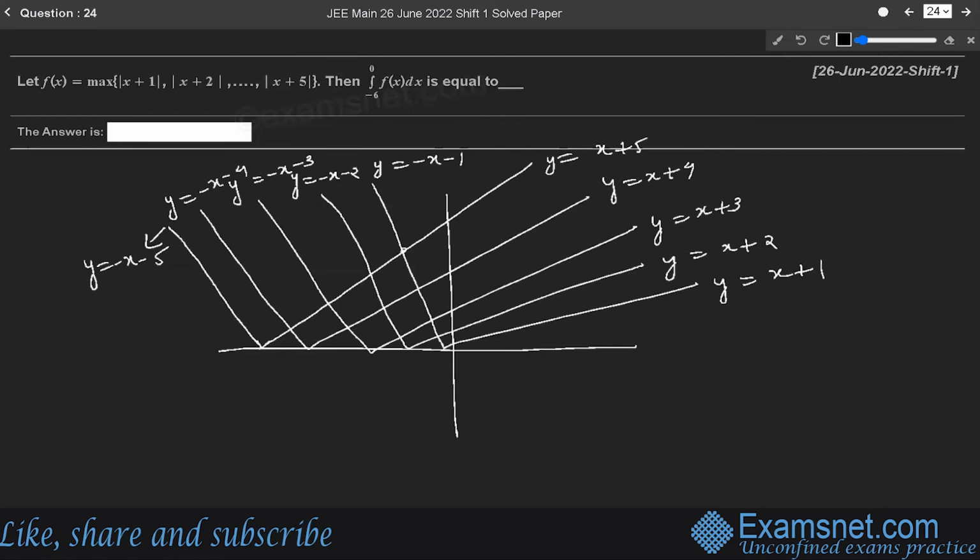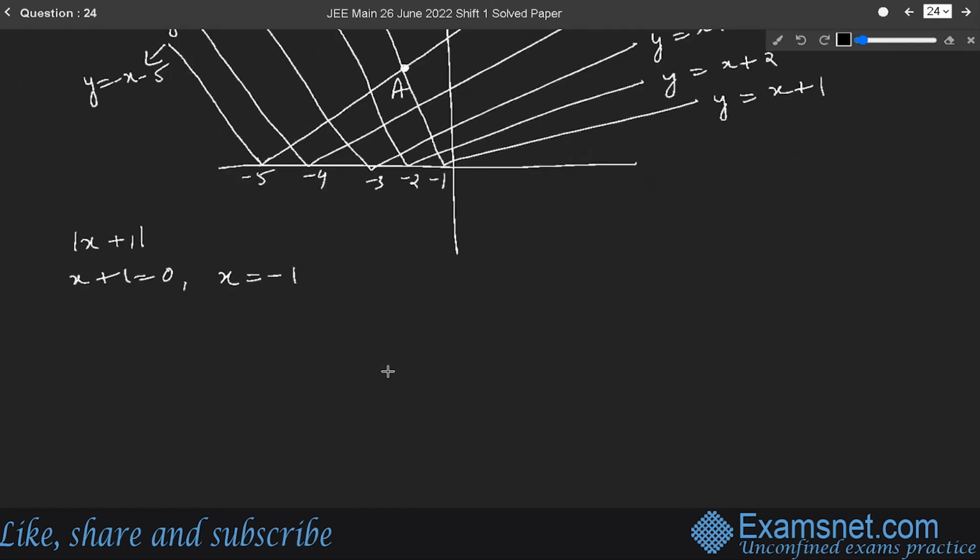Now let this point of intersection, which is the middle point, be A, and these are the minus 1, minus 2, minus 3, minus 4, and minus 5, and so on. So here, according to this question, for mod of x plus 1 as the critical point, x plus 1 is equal to 0. So we can say that x will be equal to minus 1. Similarly, if mod of x plus 2 is the critical point, then x plus 2 is equal to 0.